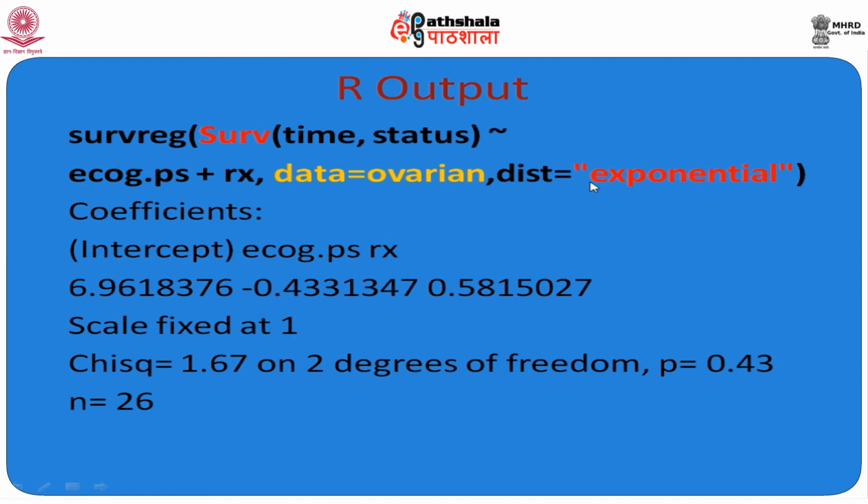If you have a dilemma about which distribution to choose, exponential or Weibull, then both distributions can be fitted separately by dist equals exponential, and after that dist equals inverted comma Weibull. Thereafter we may check their comparable AIC values; the model having the minimum AIC value can be selected as the best suited distribution in that scenario.